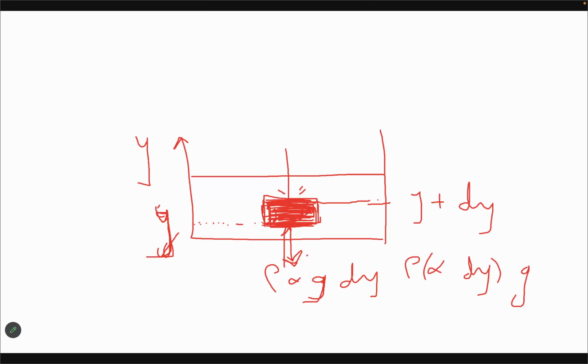Okay. So can we write P plus dP for the pressure being applied from the bottom? P plus dP multiplied with area will get me force. Do you approve of this, Vasudev?